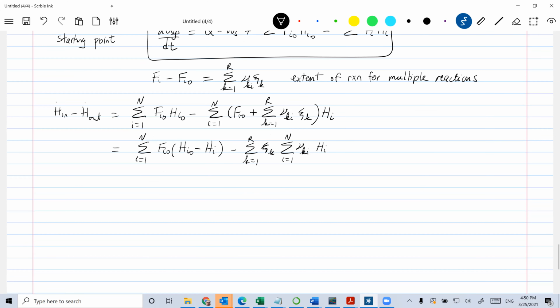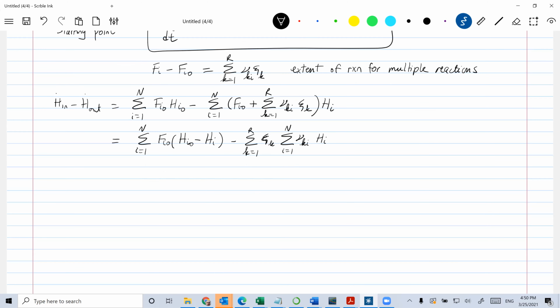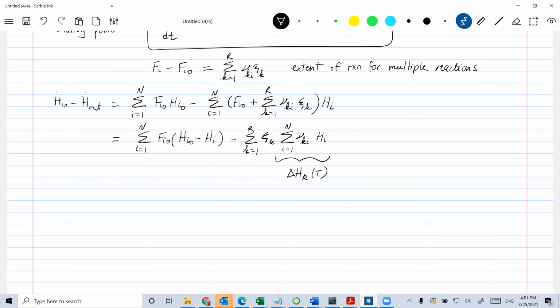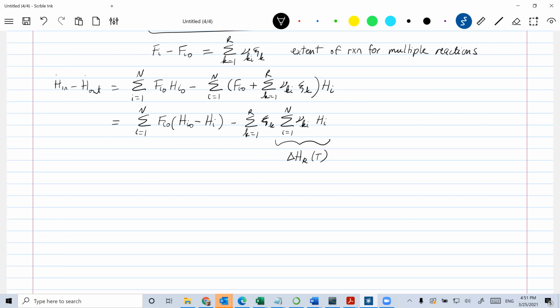So this is where it gets really cool, because this term here is actually the heat of reaction at the temperature T. So that's what this term is. Yes, this term is the heat of reaction at temperature T.